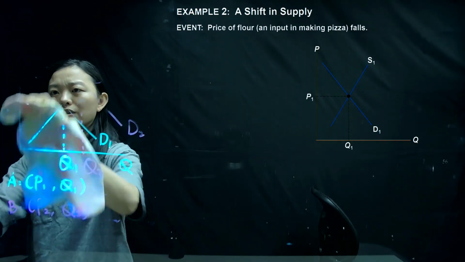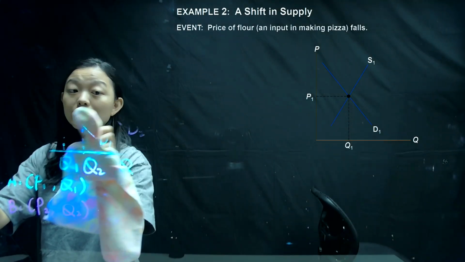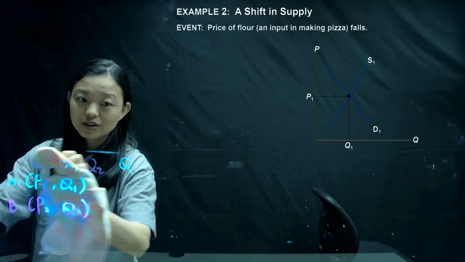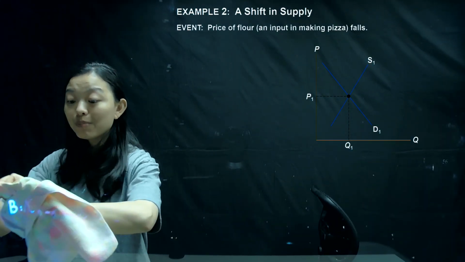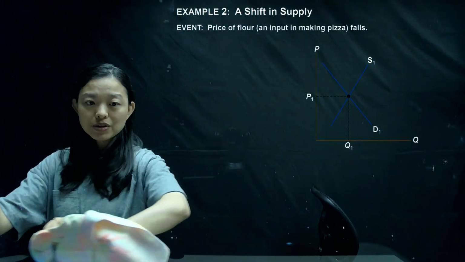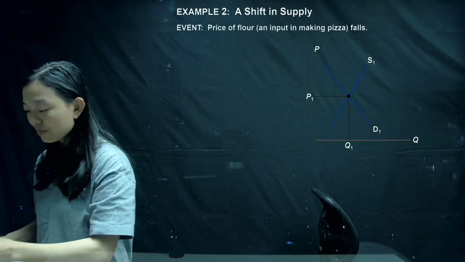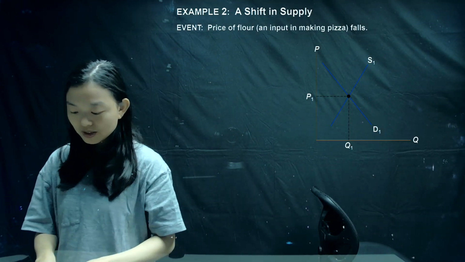You can think about it: flour is a major input to make frozen pizza, right? So when the flour price decreases, the cost of making frozen pizza decreases, right? So the sellers or suppliers of frozen pizza might like to offer more pizzas, right?